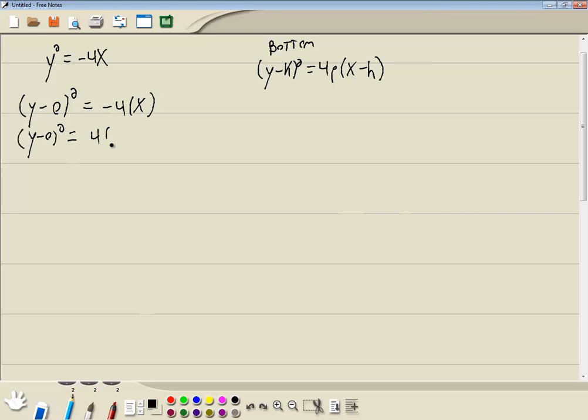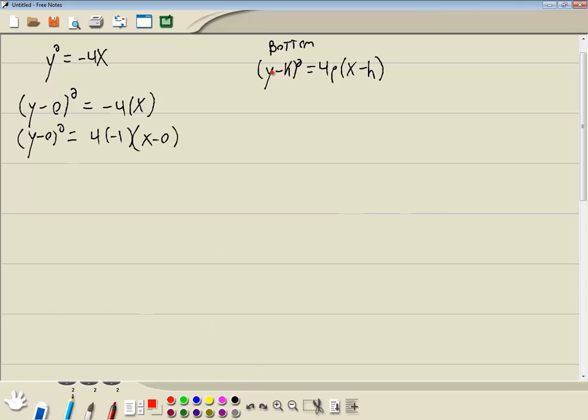Then we want to rewrite the number that's out in front as 4 times something, and this one's pretty easy, you can see it. 4 times negative 1 gives you negative 4. And we want this to be x minus a number or x plus a number, so I'll do x minus 0. Now this is in standard form.